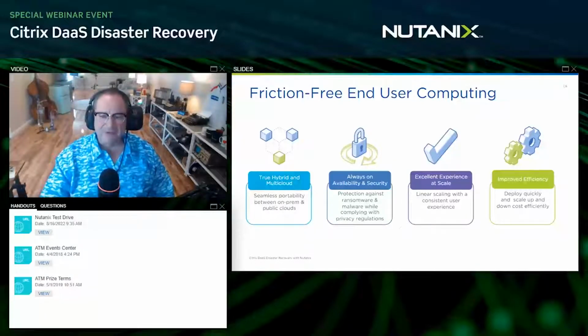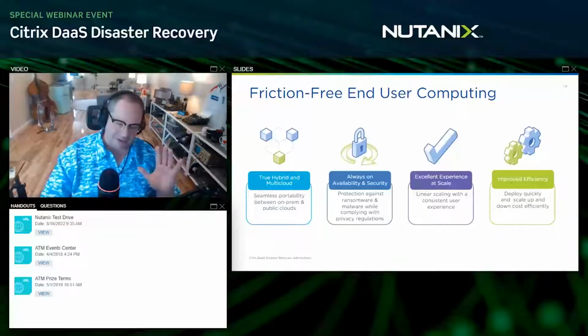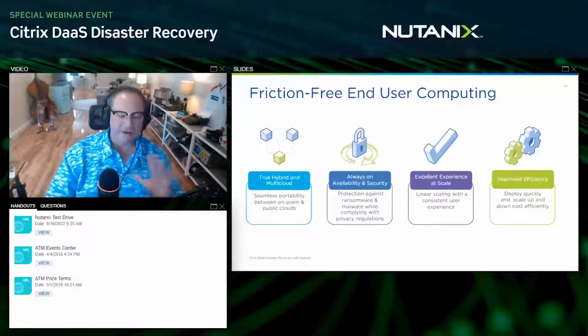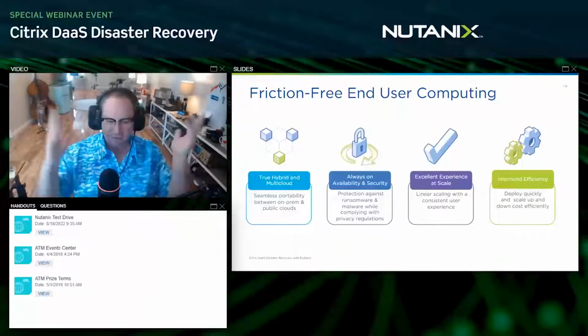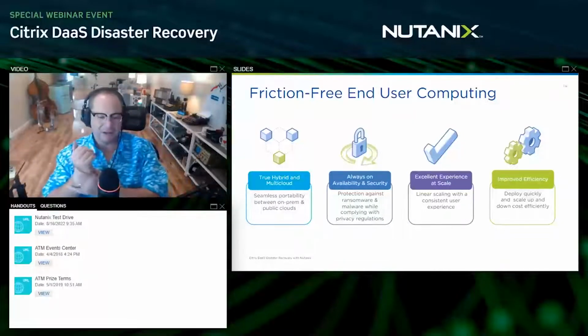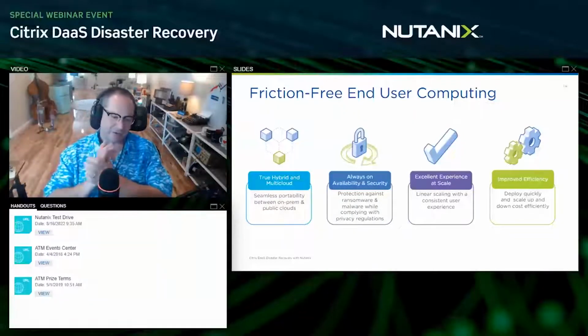And then improve efficiency. Yeah, it needs to be deployed quickly, scale quickly, and scale down cost effectively. And I love this. I heard this recently, and I can't tell you who it is, so we'll just say it's one of those phrases that we heard off the cuff.